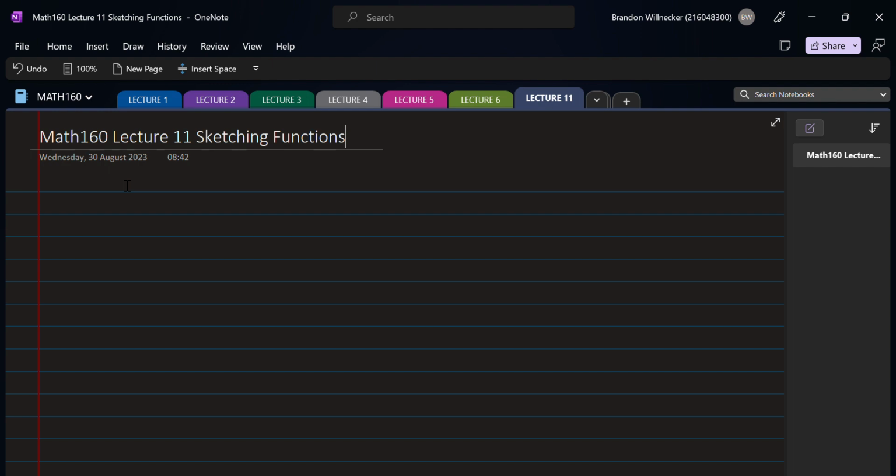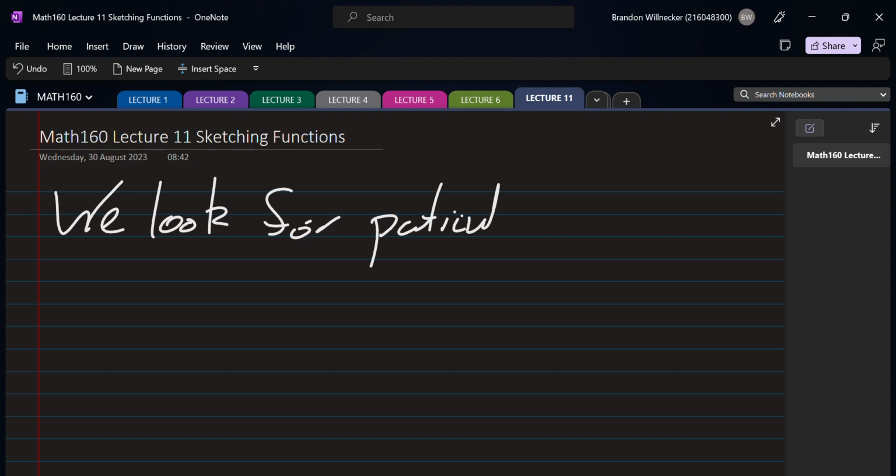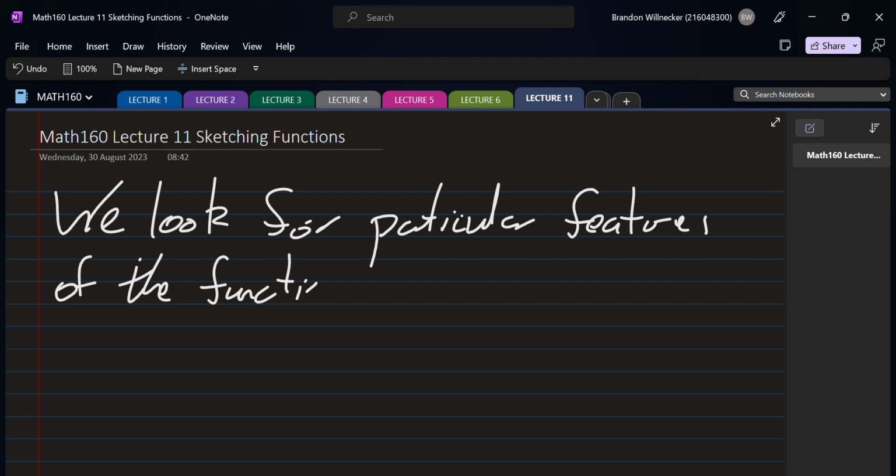Okay, so the first thing that we look out for with this curve sketching is particular features of the function that will allow us to complete the sketch. We look for particular features of the function to aid in the sketching.